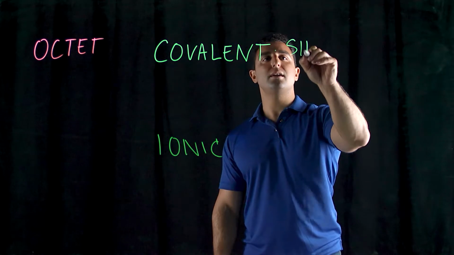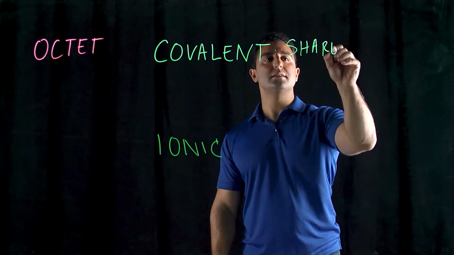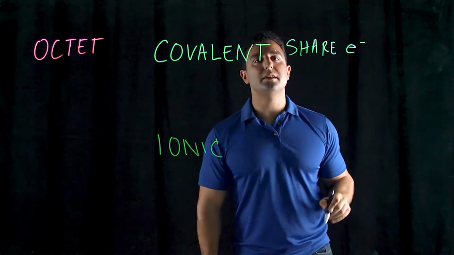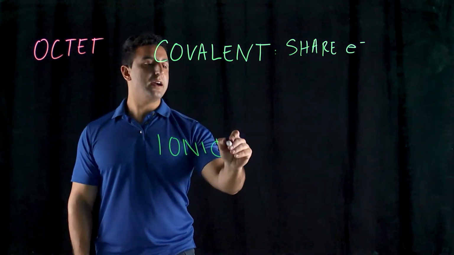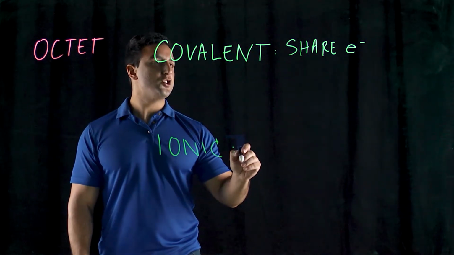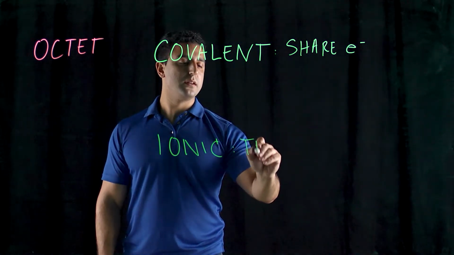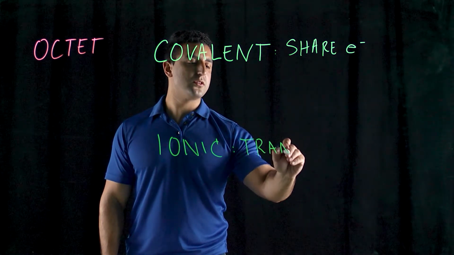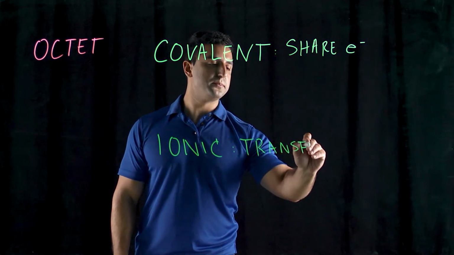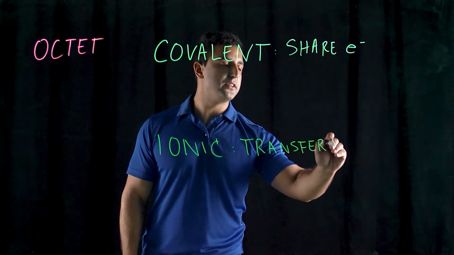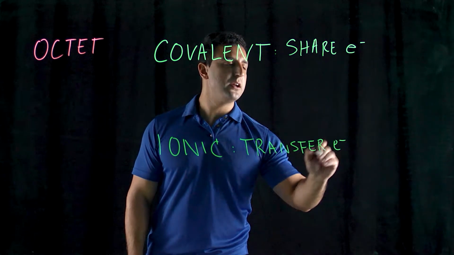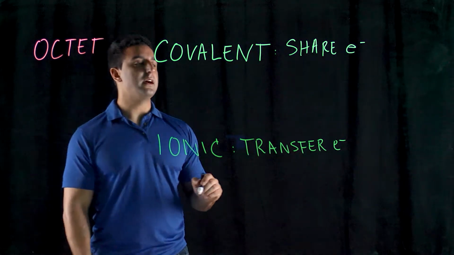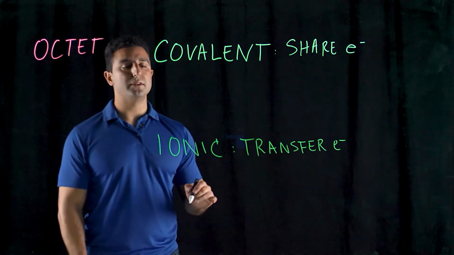So they share these valence electrons. Whereas the ionic, they transfer their electrons. So their electrons are being transferred. Right, so either there is some kind of acceptor or some kind of donator of electrons.